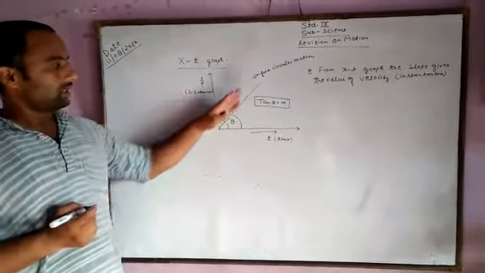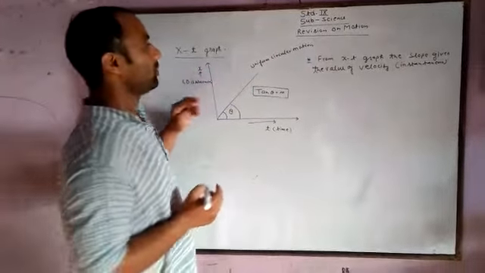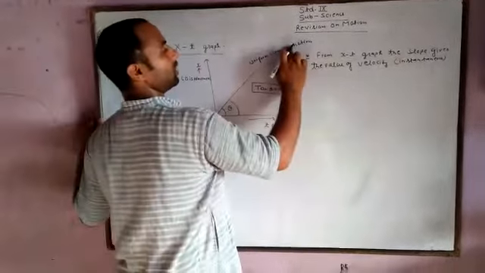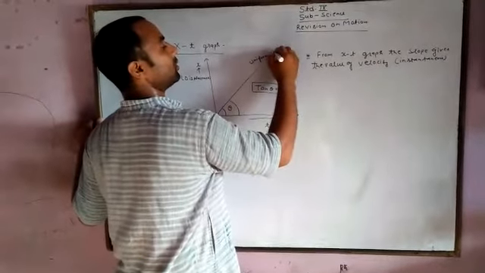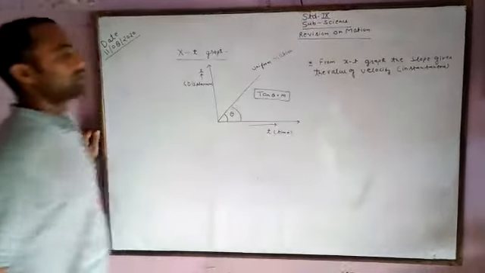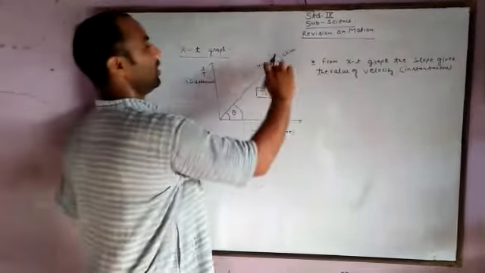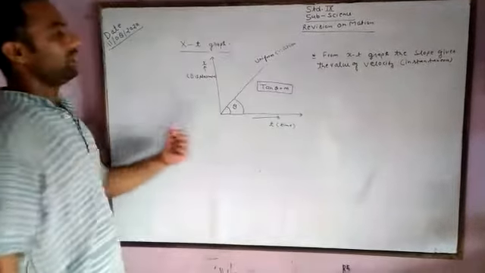In uniform motion, the slope will be constant throughout. Overall, the line shown in the diagram has the same slope.